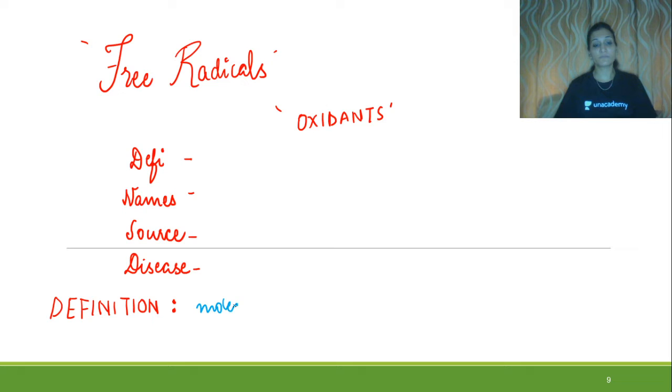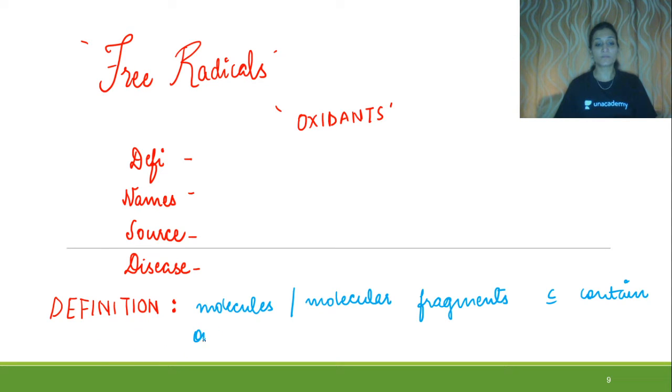Molecules or molecular fragments which contain one or more, one or more what? Unpaired electron. This is its definition. Then it will fall under the category of free radicals.